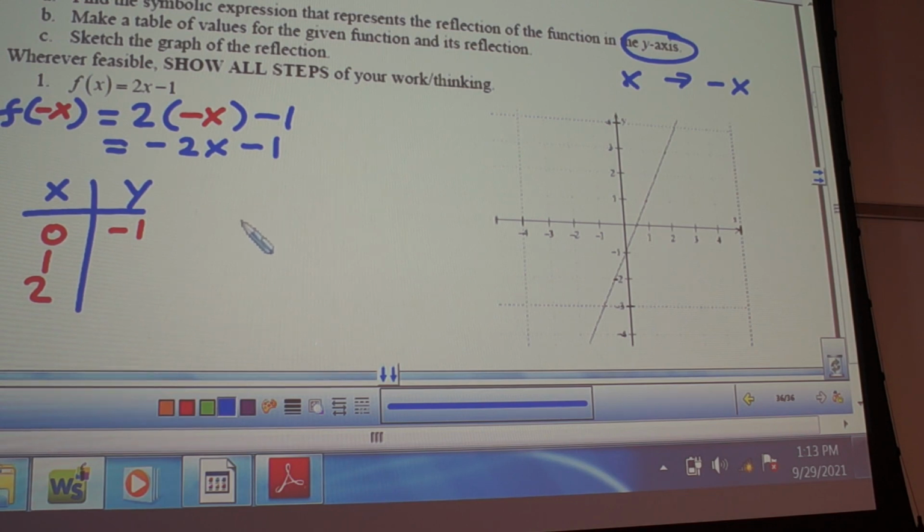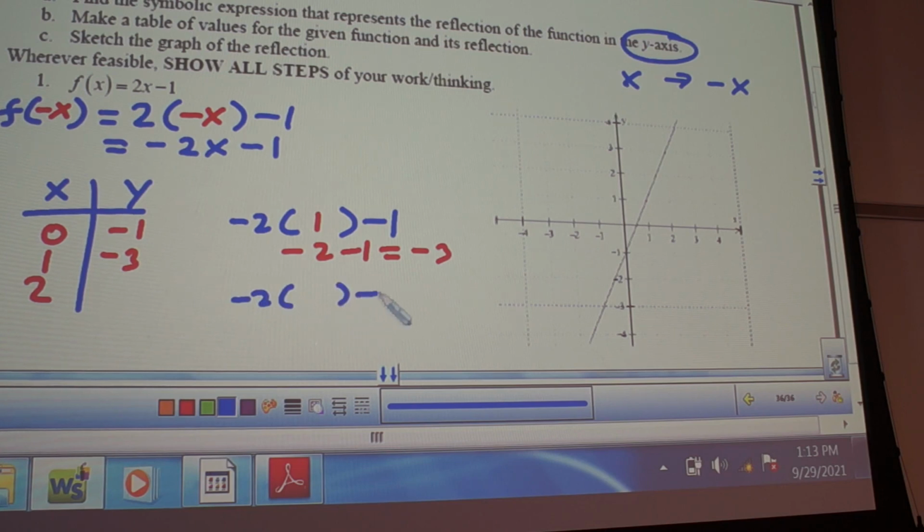This is negative 2 parentheses minus 1. I put 1 in there. Then this becomes negative 2 times 1. Negative 2 times 1 is what? Negative 2. Yep, negative 2 minus 1, which is negative 3. I owe $2, I owe $1, altogether I owe $3. Next one, negative 2, and I'm going to put in 2.